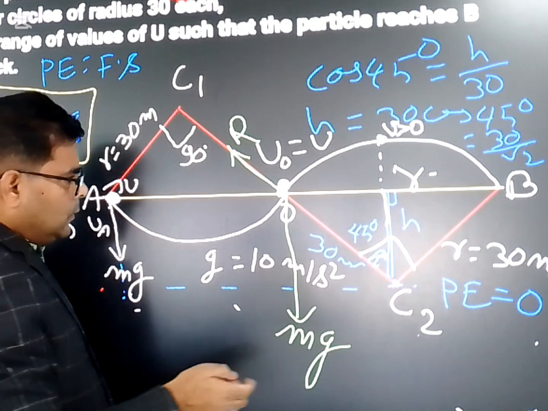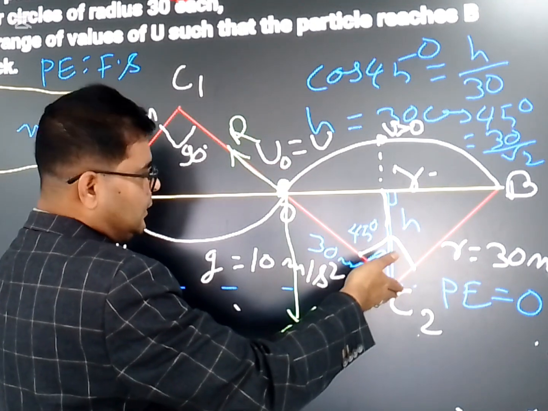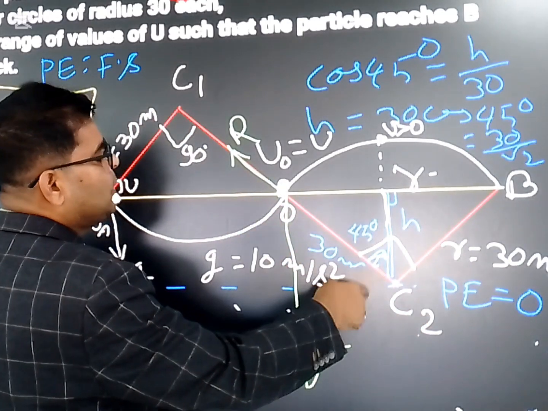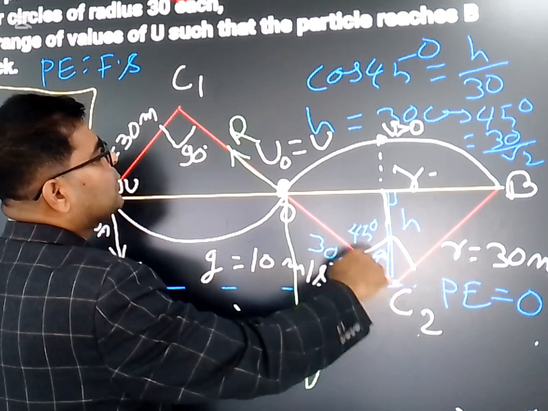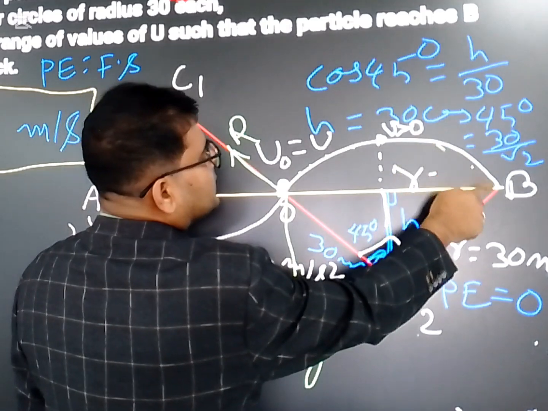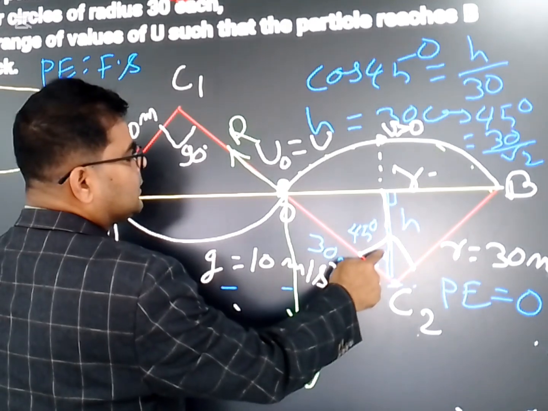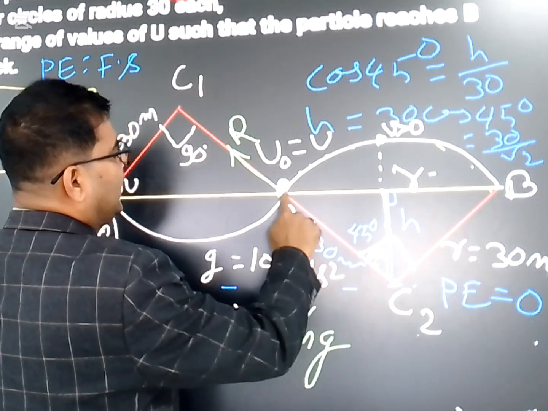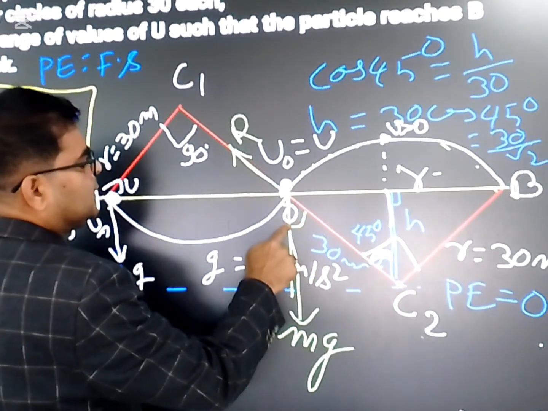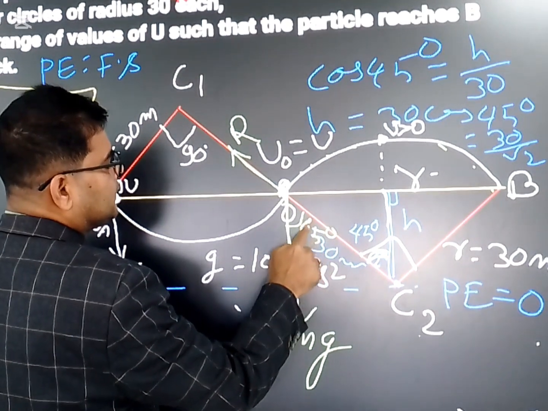Now, which force is responsible towards the center C2? That force will give you the centripetal force towards C2. We consider this centripetal force because our track is in this circle. Then this is 45 degrees, and these two are parallel lines, so this will alternatively also be 45 degrees.